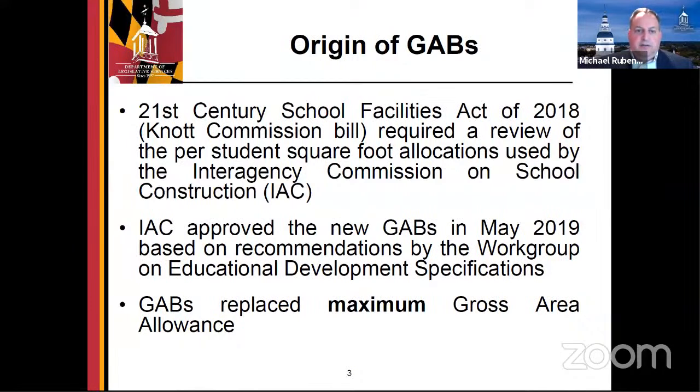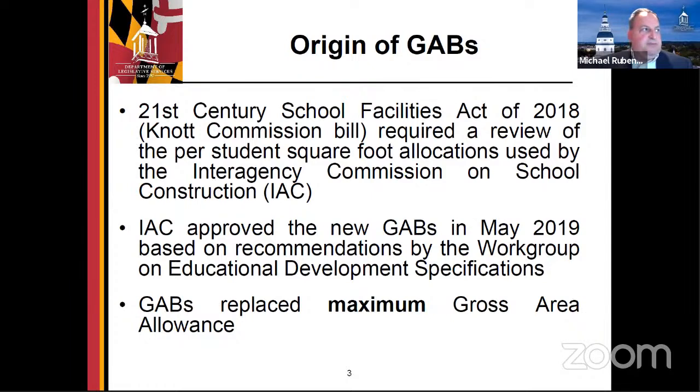So the 21st Century School Facilities Act of 2018, which stemmed from the Knott Commission, required a review of the per student square foot allocations used by the Interagency Commission on School Construction. Those square foot allocations had been in place for as long as anybody can remember. They had not been revisited for a long time.